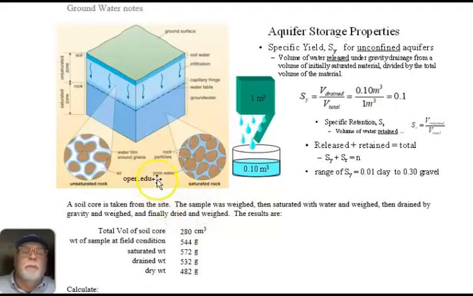All right, so I have a diagram here of a section of the ground. So we have, below the water table here, saturated formation, saturated rock. So the pore spaces are filled with water.